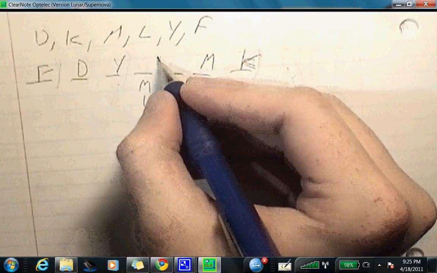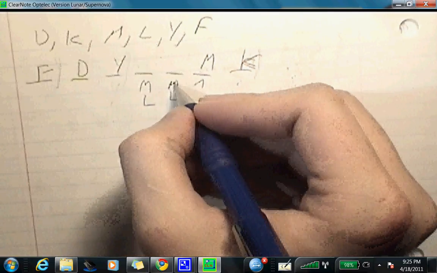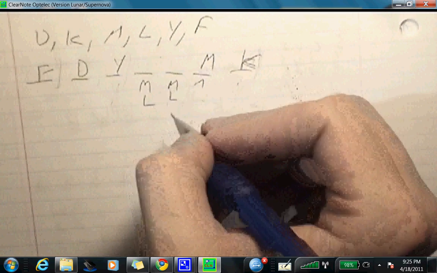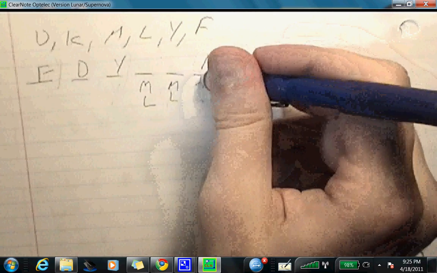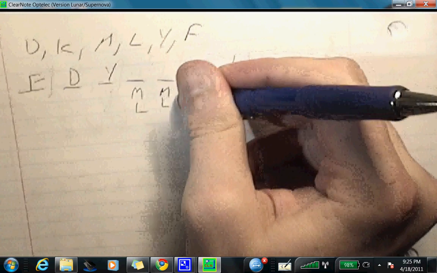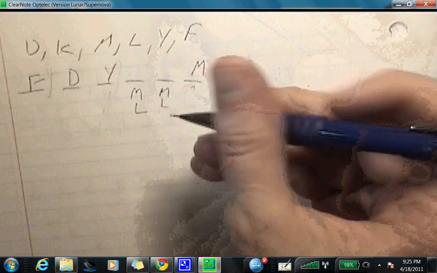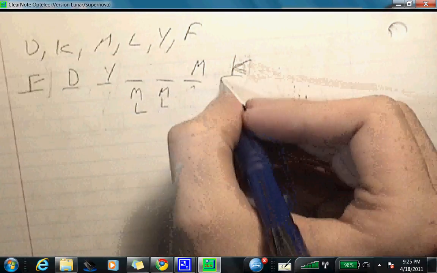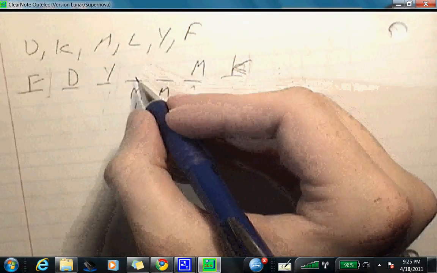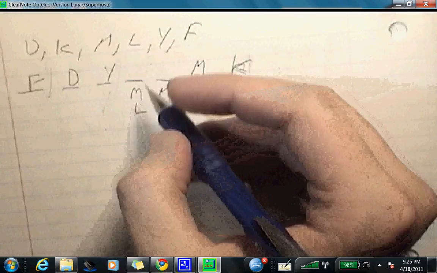Methionine can either go here or here. The reason that we know that there's 2 methionines in there is because we're making 3 products: a dipeptide and a tetrapeptide and a free lysine. So we know that methionine is our duplicated amino acid.